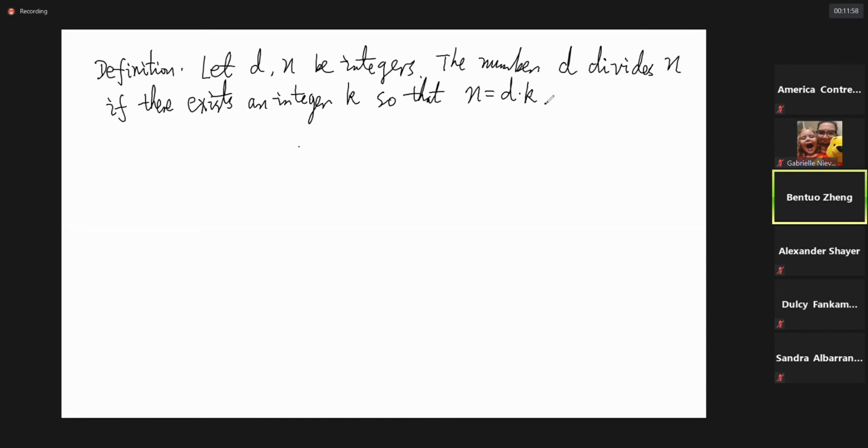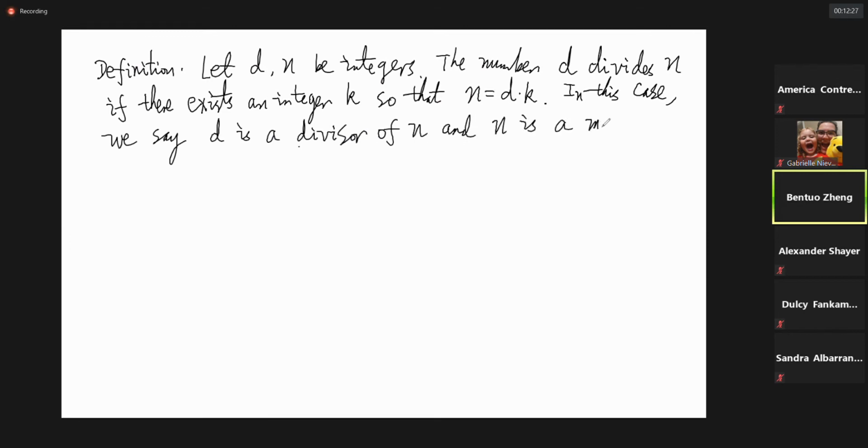So in this case, we say d is a divisor of n, and n is a multiple of d. So we write d divides n.